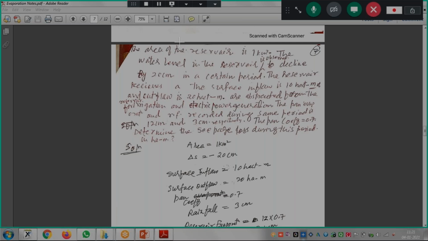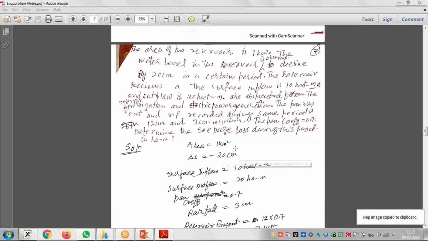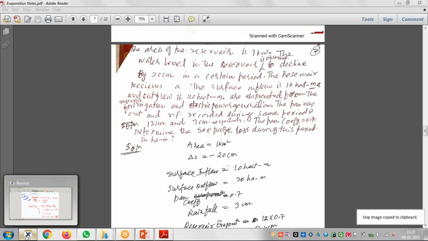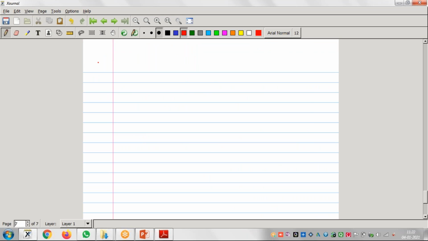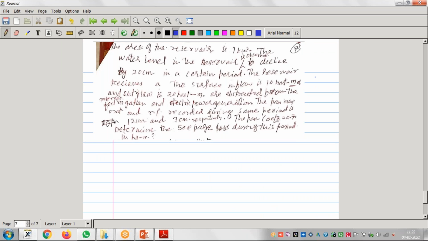So I will just copy this problem, read it and we will solve immediately. The area of the reservoir is 1 kilometer square. It says that some reservoir is there and its area is 1 kilometer square.